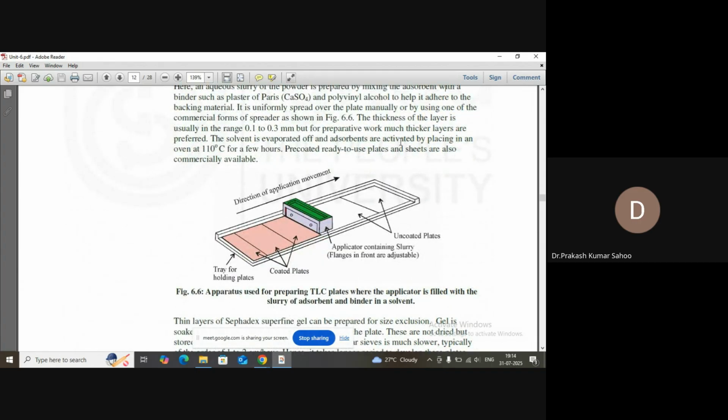So this is the apparatus used for preparing a thin layer chromatography plate, where the applicator is filled with the slurry of adsorbent and binder in solvent. That means the silica gel with the different mesh size, water is added to it to make a slurry.